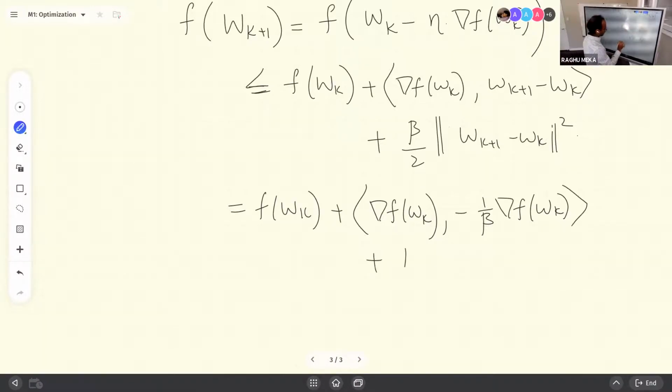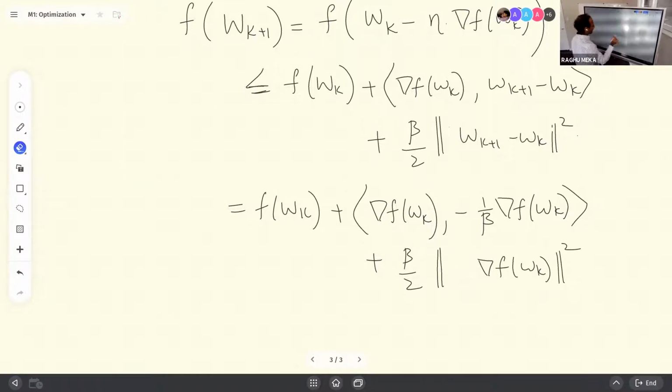Okay, and then I get the norm squared of the gradient, and eta is again 1 over beta.